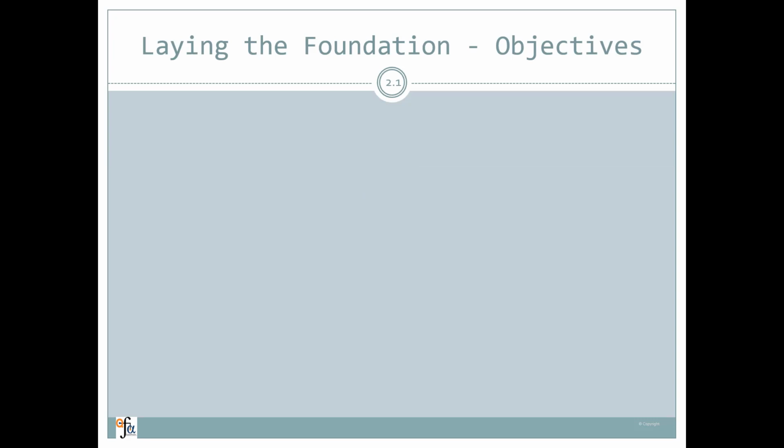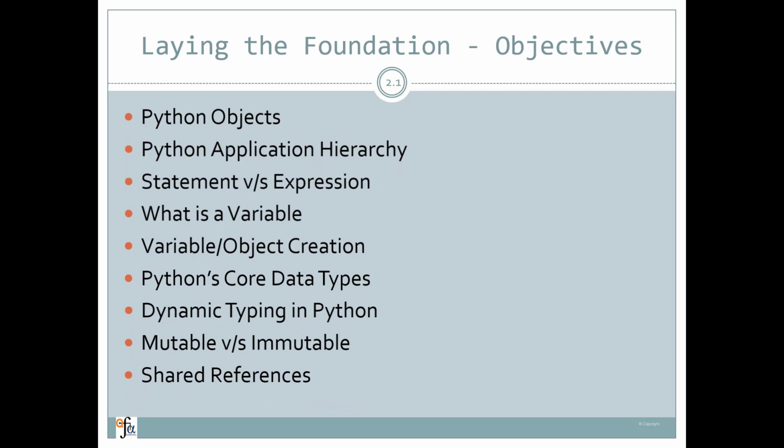We'll be covering what are Python objects. We'll understand Python application hierarchy. Then we'll look at what is the difference between a Python statement and expression. What are Python's core data types? What are variables and objects in Python and how to create them?